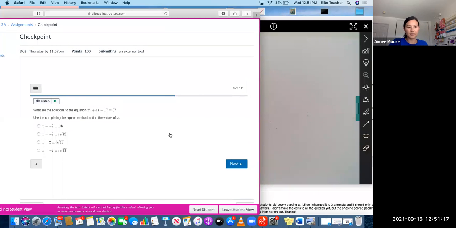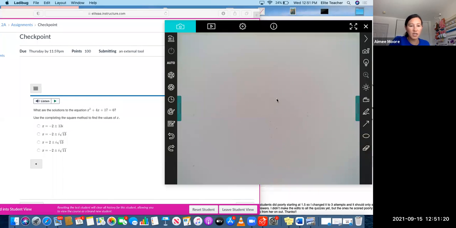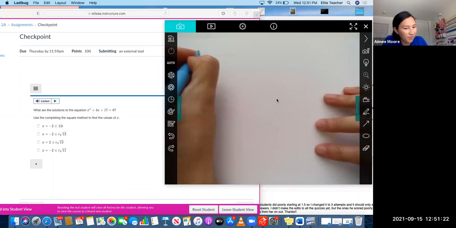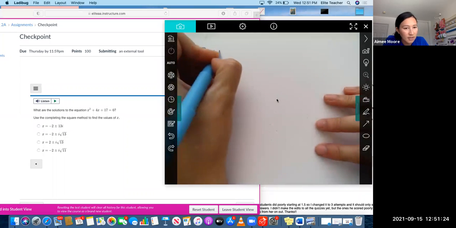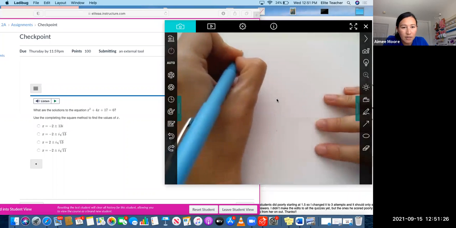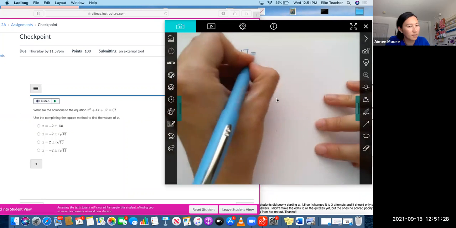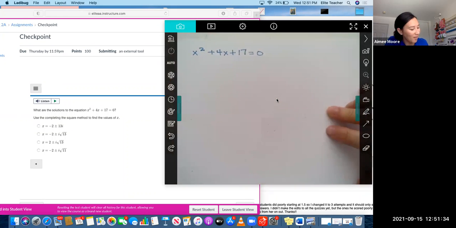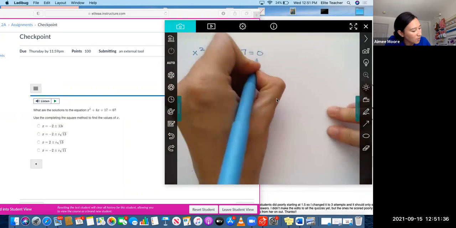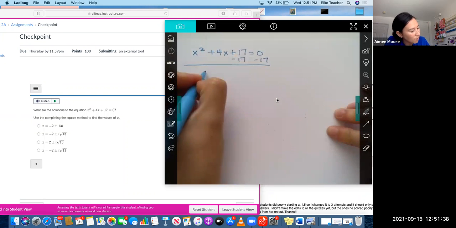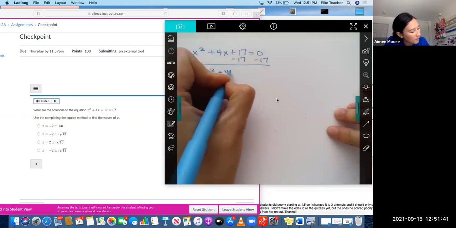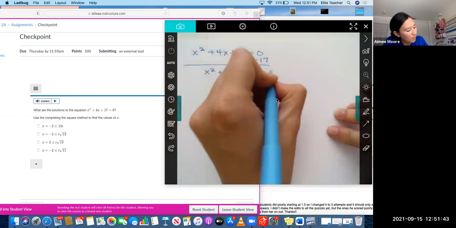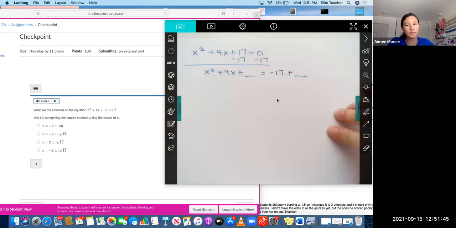Okay. What are the solutions to the equation x squared plus 4x plus 17? So we're going to be completing the square. Like we talked about last week, first we need to subtract 17 from both sides so that we can complete the square.